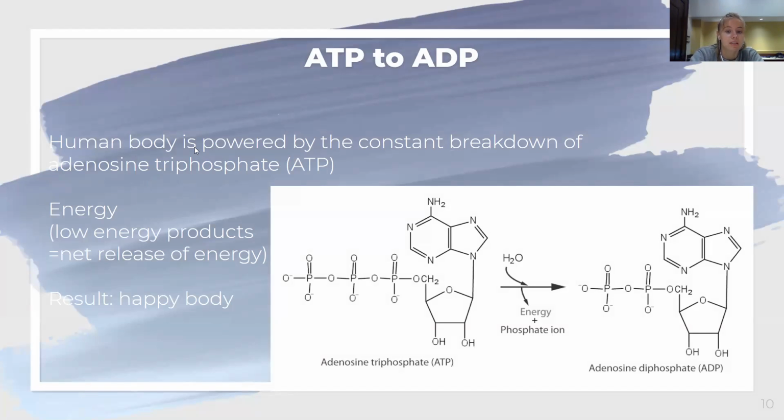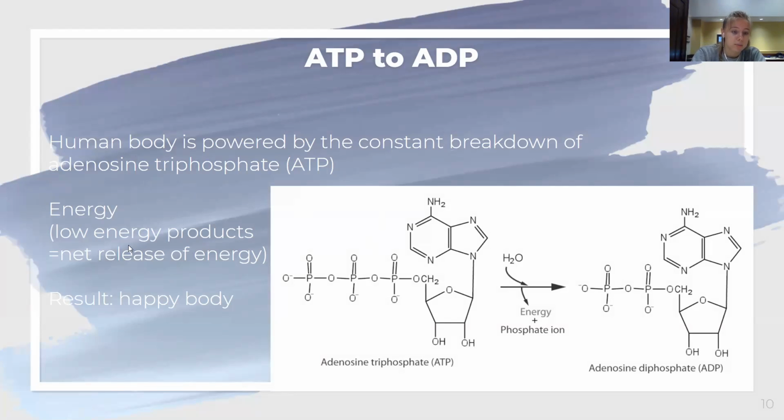And so the human body is powered by this constant breakdown, because we talked about how as bonds break, they require work. But this might seem counterintuitive. Like, wait a second, as it's breaking down, why would that create energy? Well, as it's breaking down those things, it's naturally going to create lower energy products.